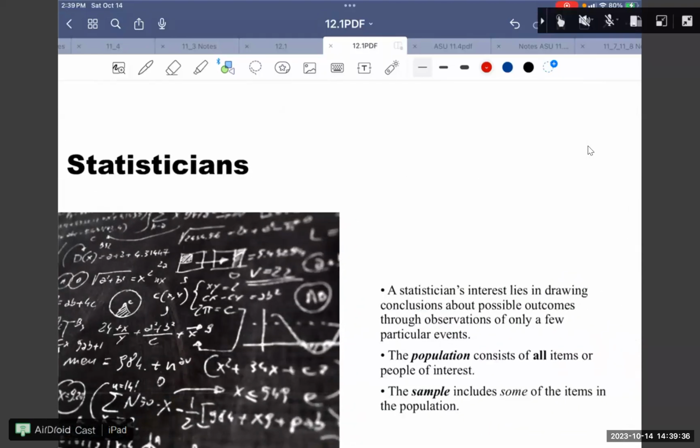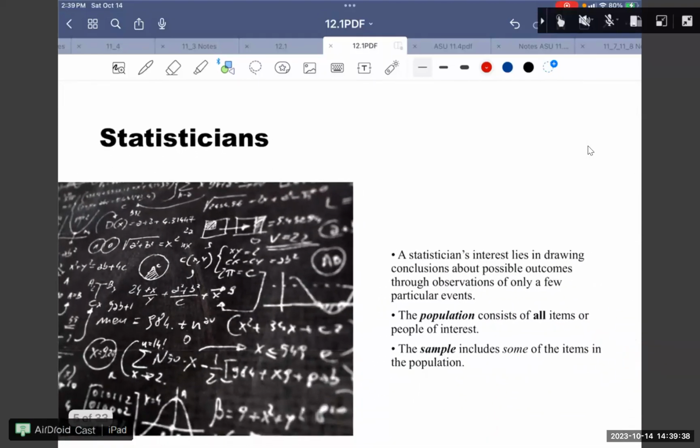The statistician's interest lies in drawing conclusions about the population's outcome by obtaining only a few particular events.